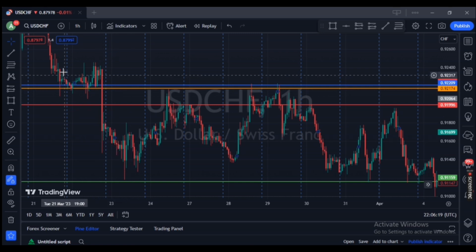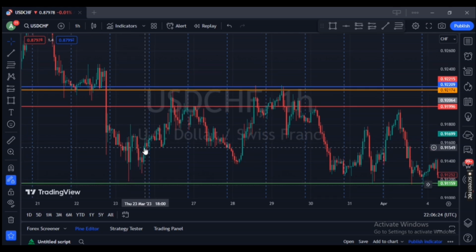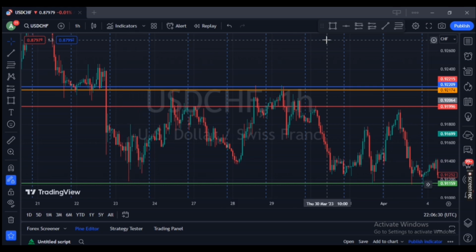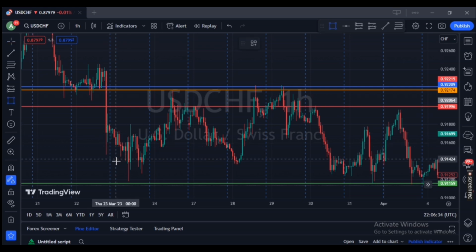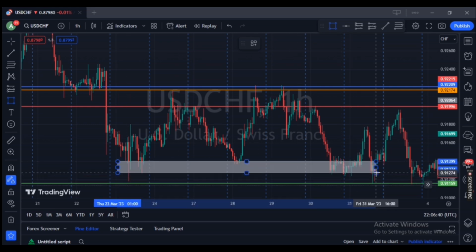The market has been dropping here, and then from here the market starts to buy. So here is called a support. Let's draw the support zone, wait for the market to reach the price, and see how the market reacts to it.